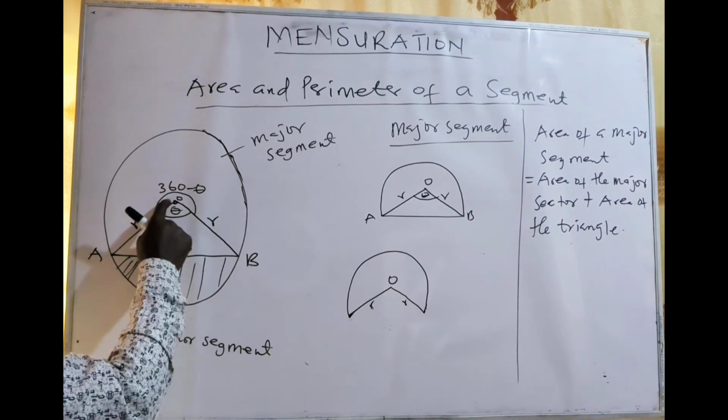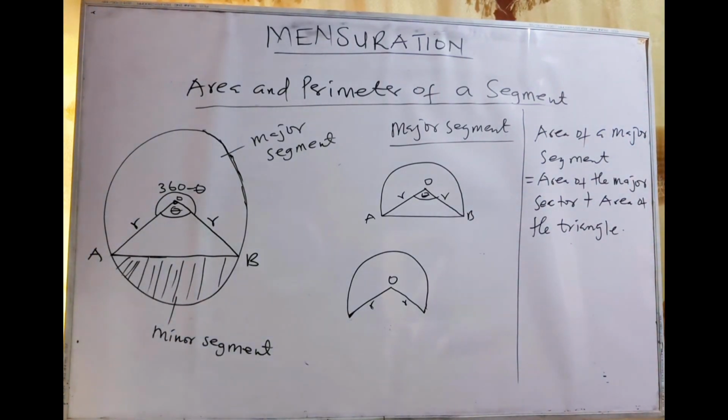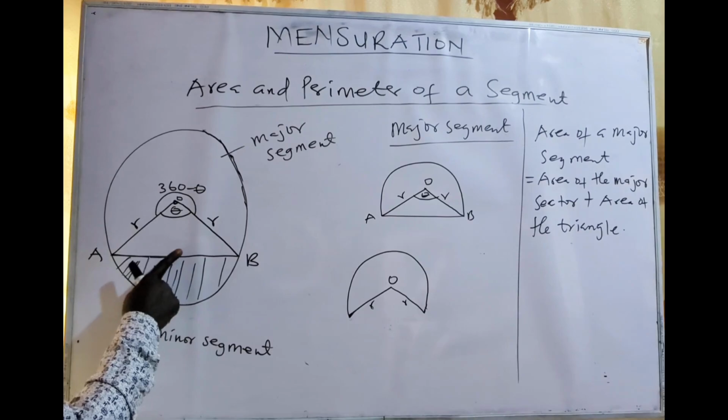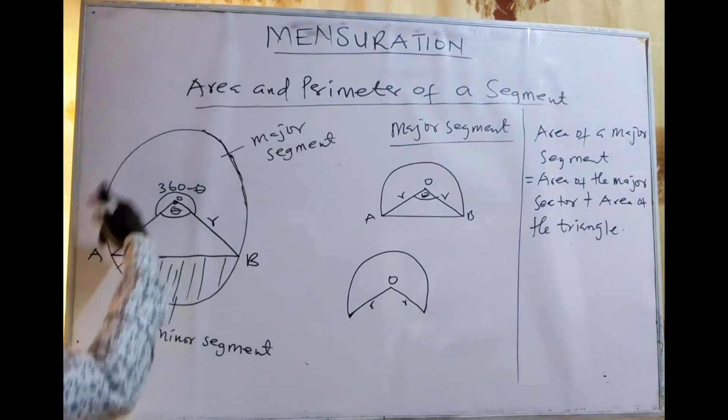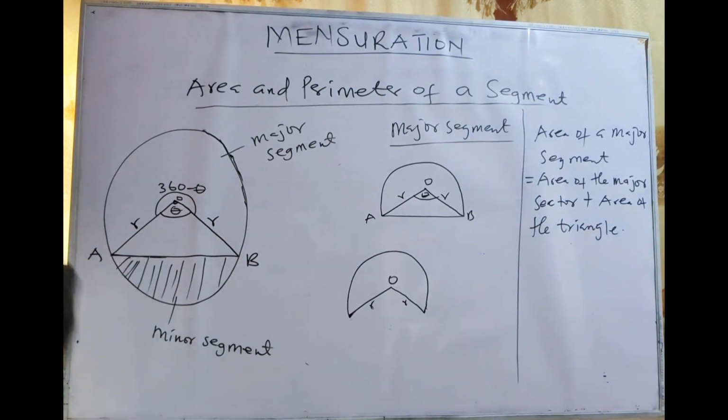If here is theta, then here will be 360 minus theta, over 360 times pi r squared. Then we add the area of the triangle, and that will give us the area of the unshaded portion of this circle, which is the area of the major segment.